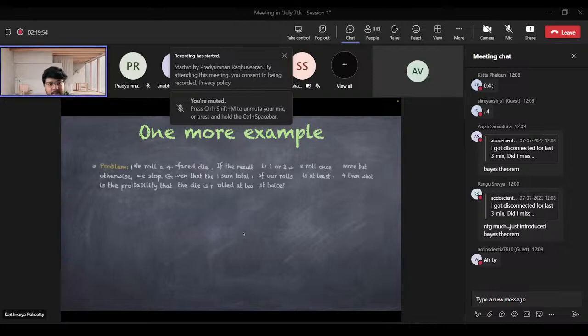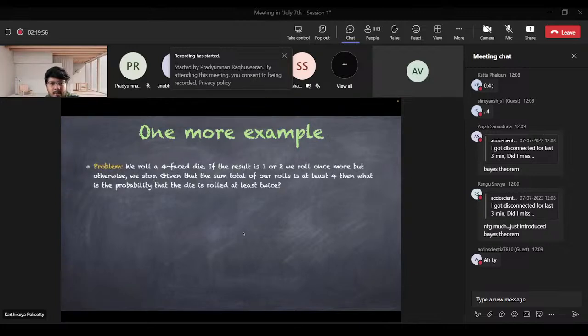We'll see one more example. This is the same question from the previous one, so you can try this out. We roll a 4-faced die. If the result is 1 or 2, we roll once more, but otherwise we stop. Given that the sum total of rolls is at least 4, what is the probability that the die is rolled at least twice?